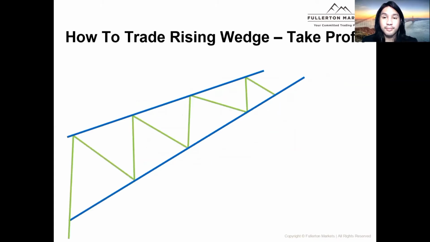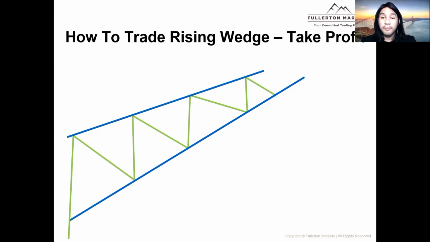Let's move on. So how do we actually take profit when we are trading the rising wedge? A few things that we've already done, my friends. First, we've identified the rising wedge. We know where to set our stop loss. We know where to enter. And the last thing is to know where we should be taking profit.